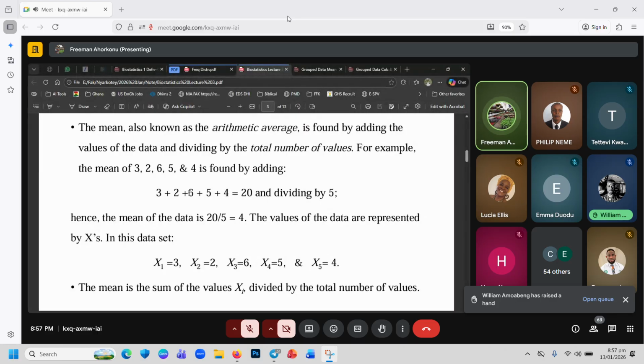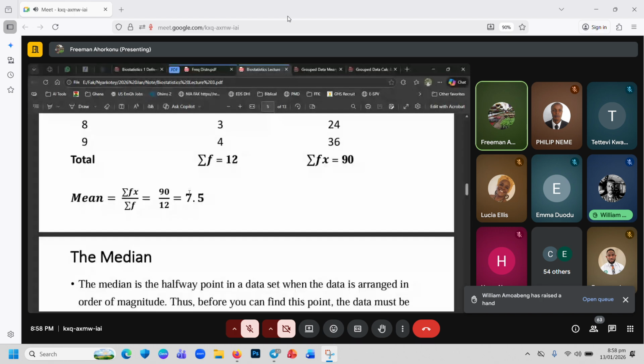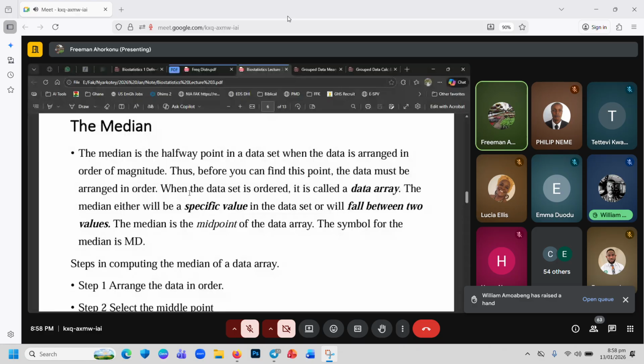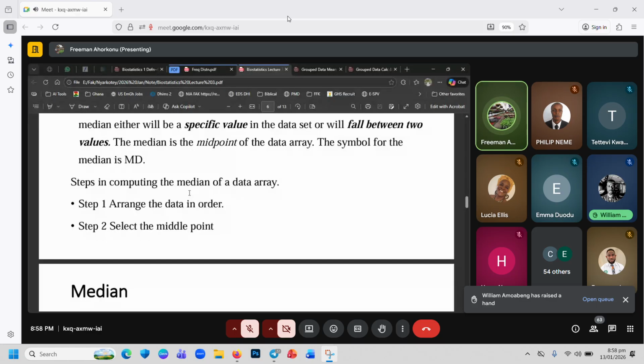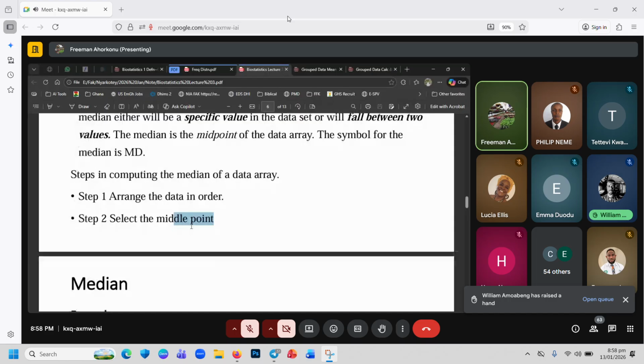The one at the exact middle is the median that we are talking about. So first, when you have the data, you arrange it in that order of magnitude. Then the one at the middle becomes your median.